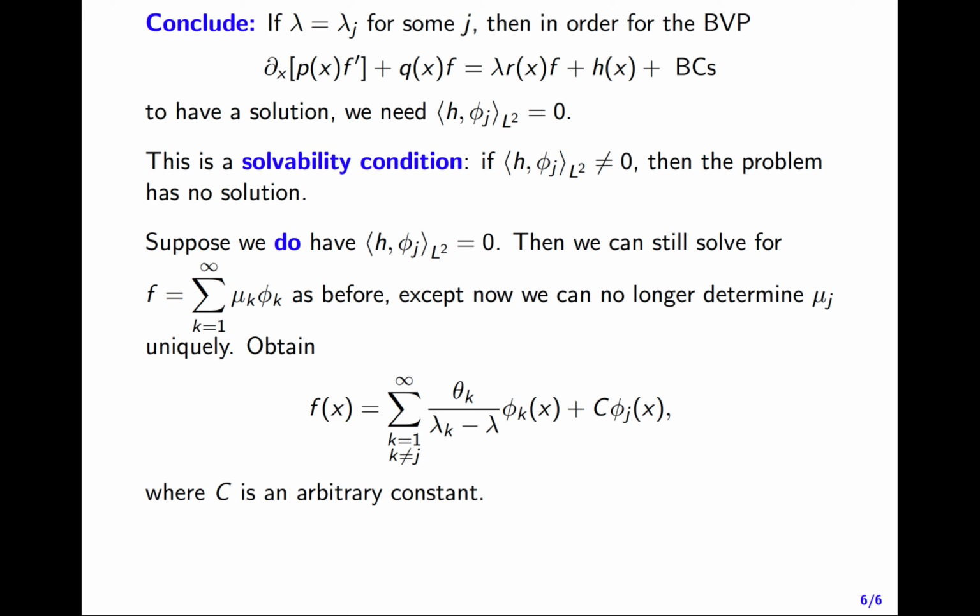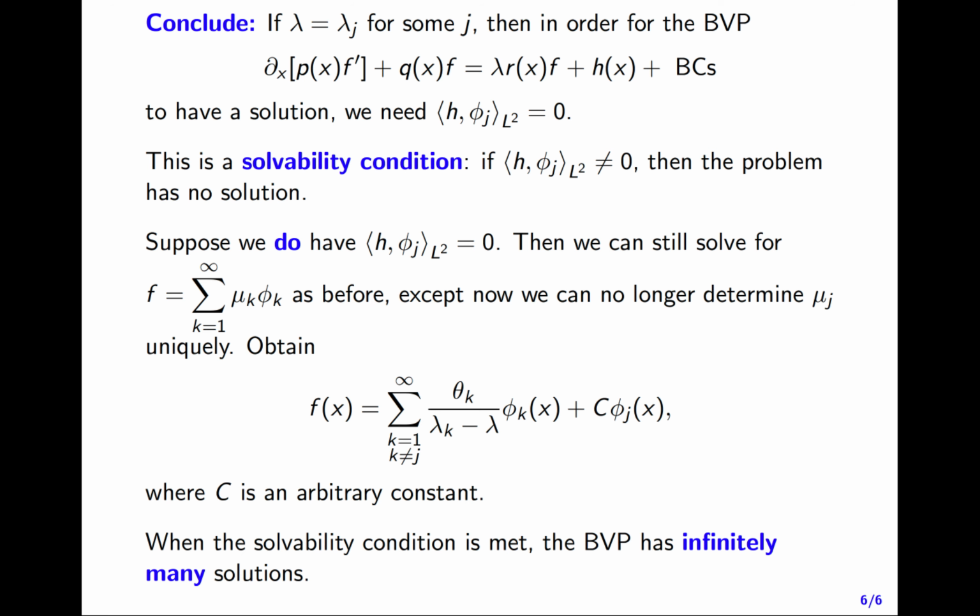Here's what we obtain. F of x is now going to be the sum from k equals 1 to infinity, excluding k equals j, of theta k divided by lambda k minus lambda phi k of x. This first sum excluding k equals j are all of those mu k's that we could determine uniquely, plus a constant c times phi j of x, where now c is an arbitrary constant.